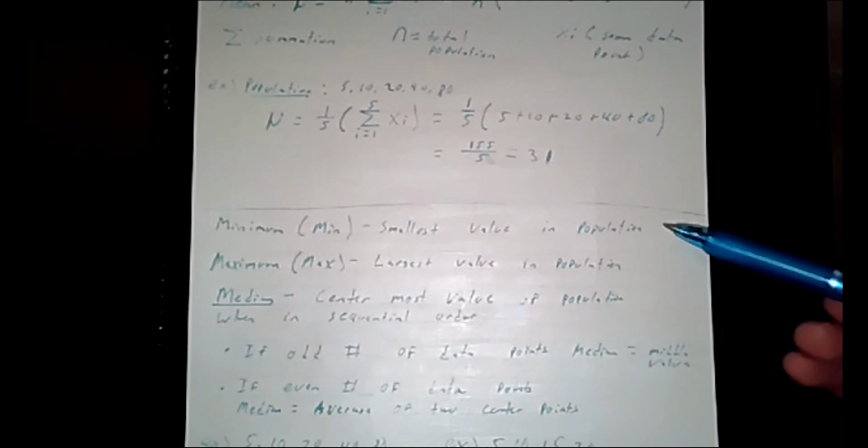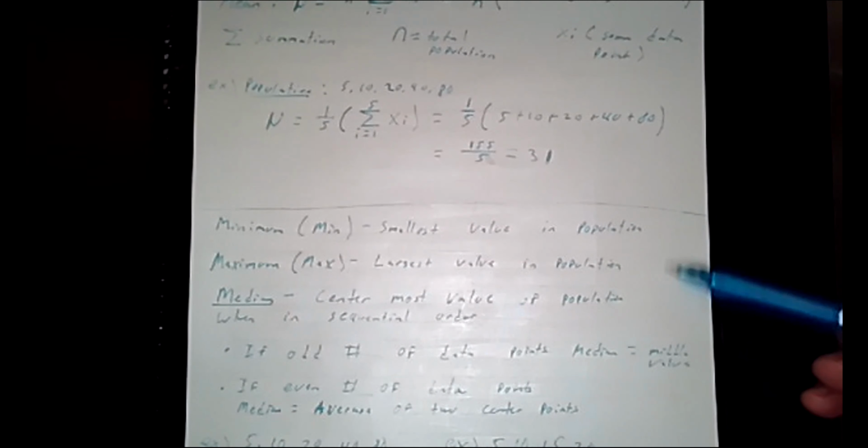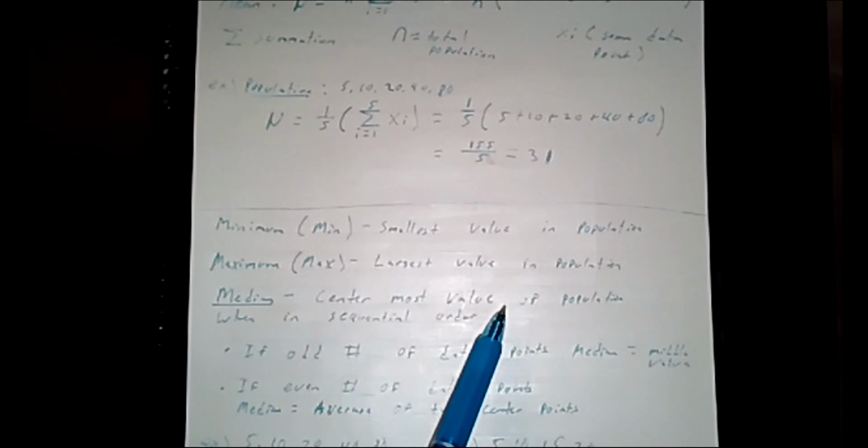Of course, you can all point out which is the biggest or smallest, but median is the centermost value of the population. You have to put this in sequential order though. If it's not in order, you cannot find the median. Also, there are two different ways to do it depending on whether you have an odd or an even number of data points.